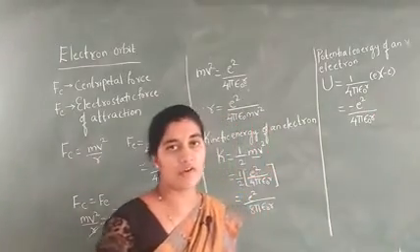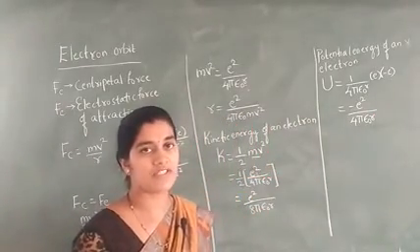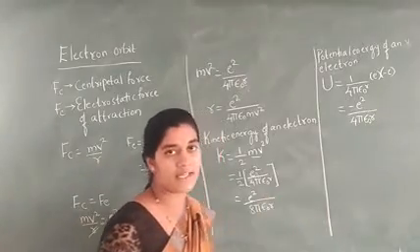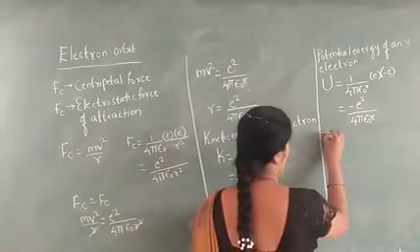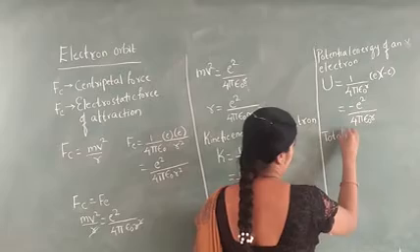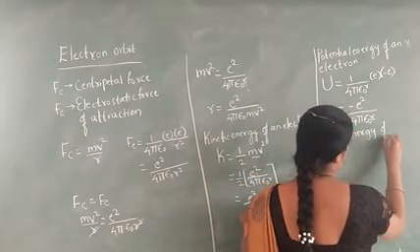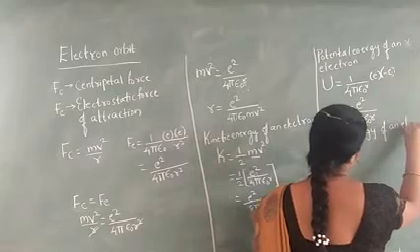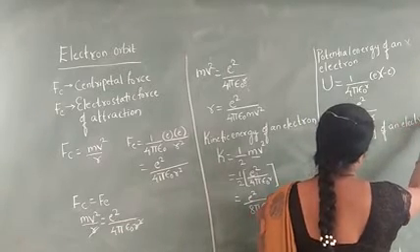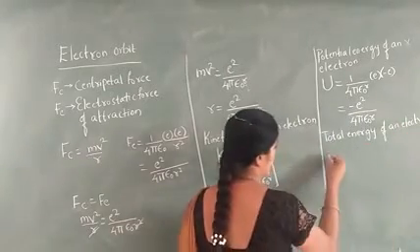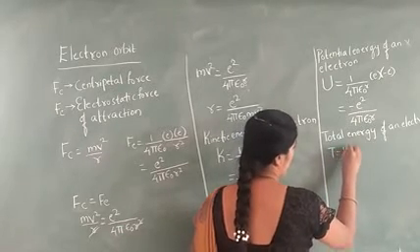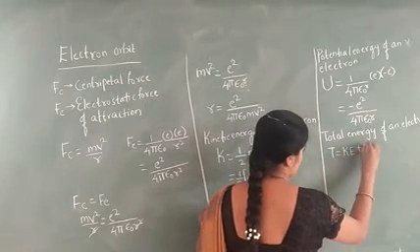Now we have got the value of the kinetic energy and the potential energy. Next we have to find the total energy of an electron. The total energy of an electron can be written as T is equal to kinetic energy plus potential energy.